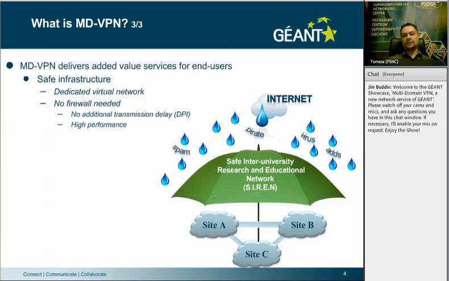Currently, we are using the term Safe Inter-University Research and Education Network, SIREN, for our end users, because in fact they are getting better infrastructure to exchange traffic, which is logically separated from the internet.